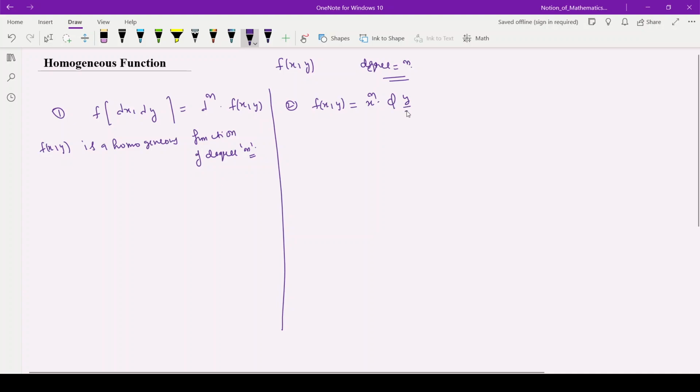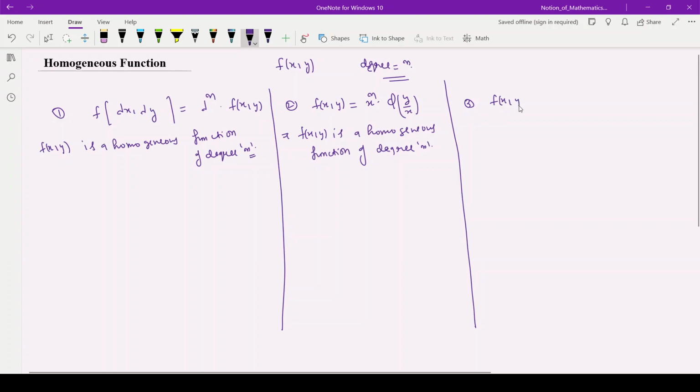The second way is that if this function f(x,y) I can write as x to the power n into a function of y upon x, then also I can say f(x,y) is a homogeneous function of degree n. The third way is also there.